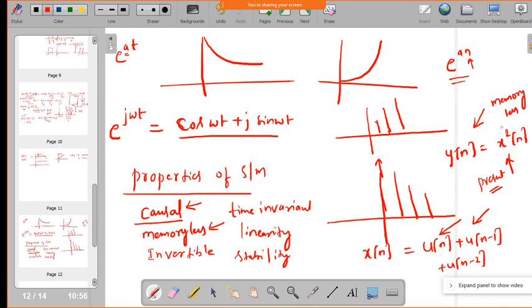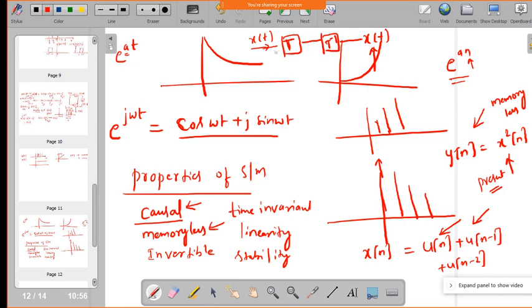In a similar way, a system is said to be invertible if you have the x of t signal and you pass it on to the system T, say for example, and if you have the system with T inverse, and you get back the same signal which was sent earlier, then this system is said to be an invertible system.